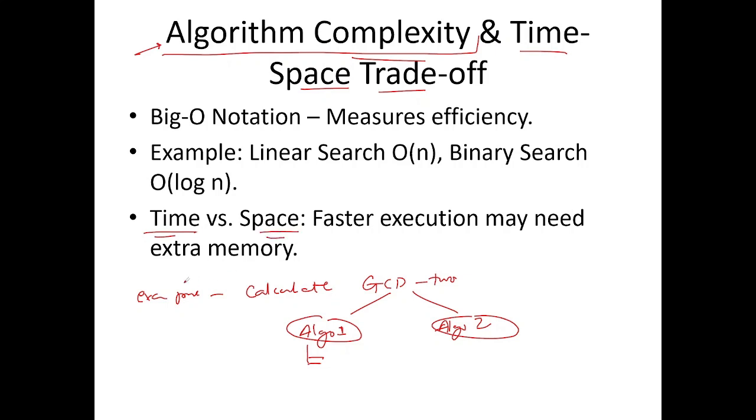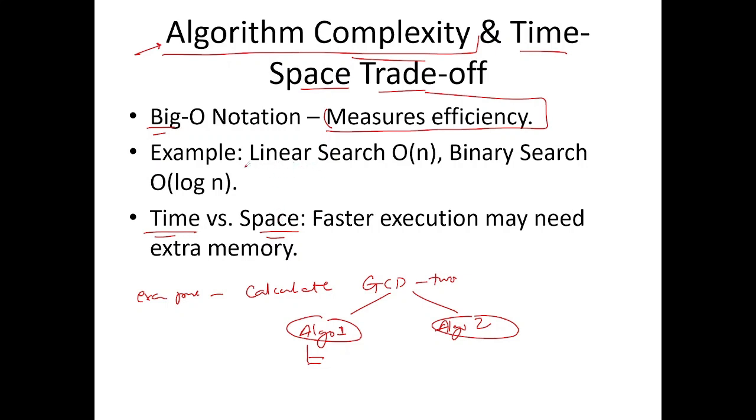You will learn this in detail in the class, but as of now understand that algorithm complexity is used to measure efficiency, and there are mainly three types of notations: big O notation, omega notation, and theta notation, which you will see a bit later.